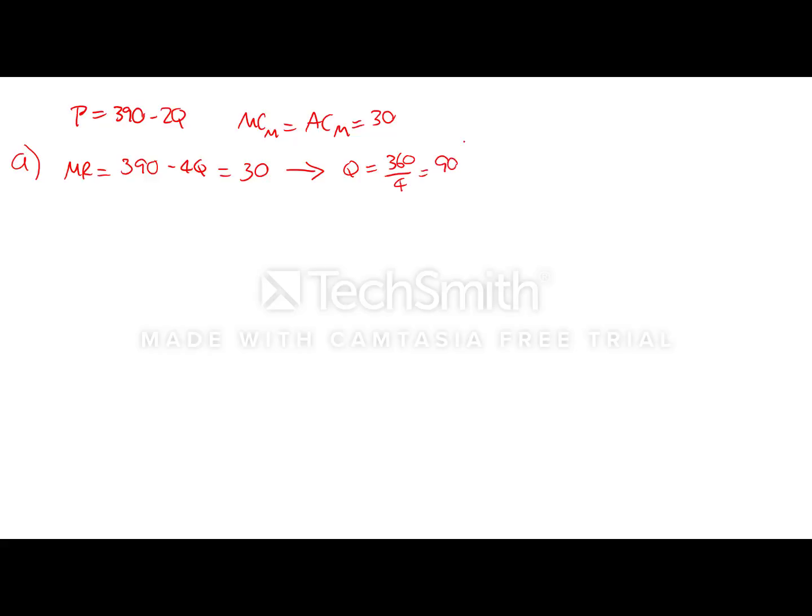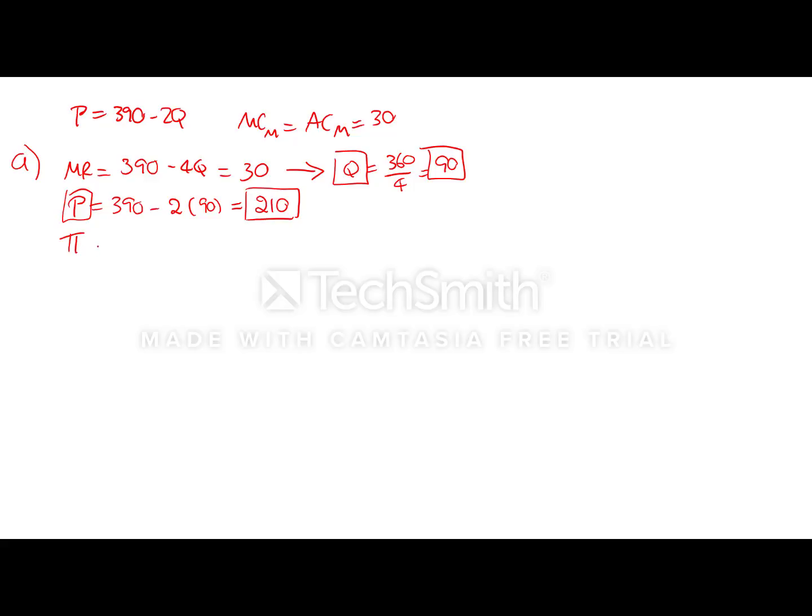Plug this back into the demand curve. Price equal to 390 minus 2 times quantity, which is 90. 390 minus 180, so you have price equal to 210. Quantity 90, price 210.